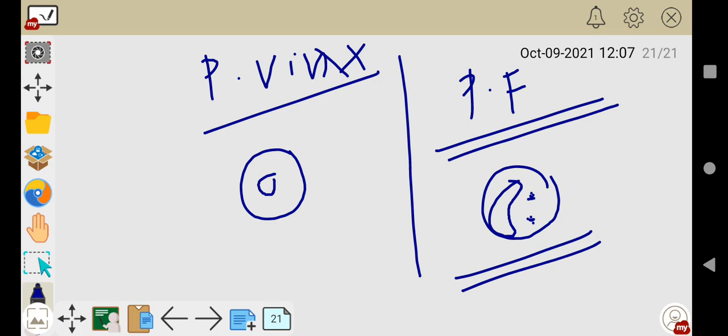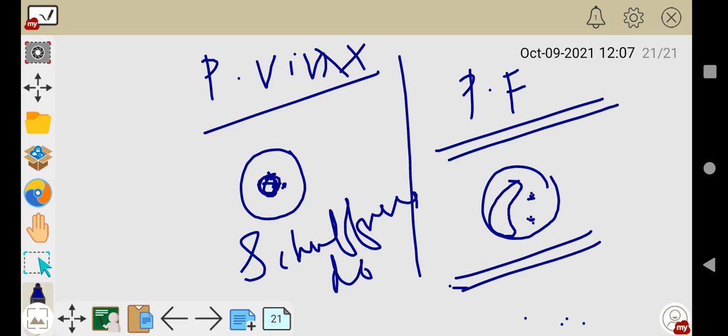If there is one dot like this, okay, that one dot is called Schuffner's dot. So this is Plasmodium vivax, right? Plasmodium falciparum has more than one dot or two dots or a banana-shaped gamete. Okay.